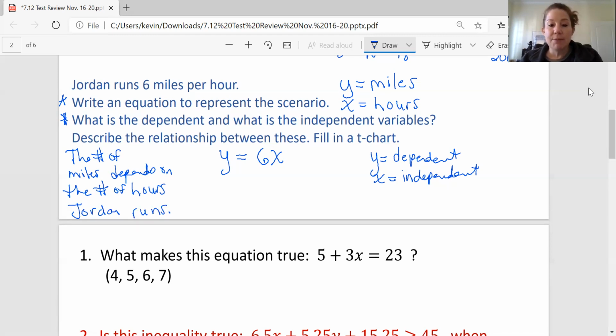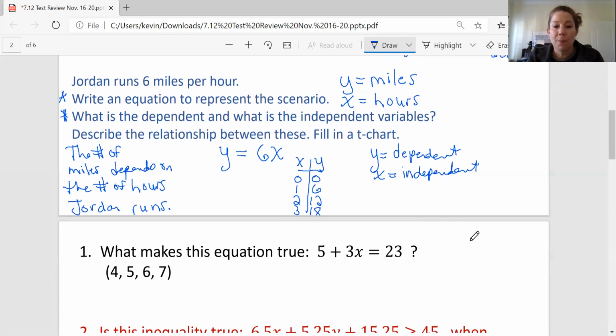And then it wants us to come up with a little t-chart. If x represents hours and y represents miles, if he runs 0 hours, he would run 0 miles. 1 hour, he would run 6 miles. 2 hours, he would run 12. And 3 hours, 18. So that's a good number of coordinates to put on our t-chart.